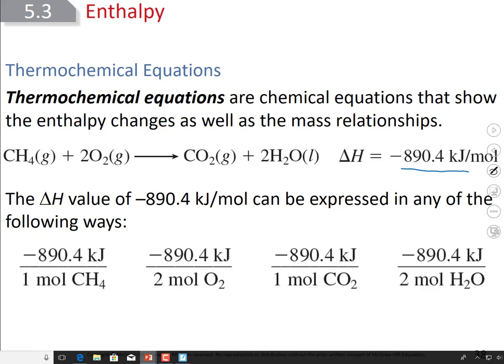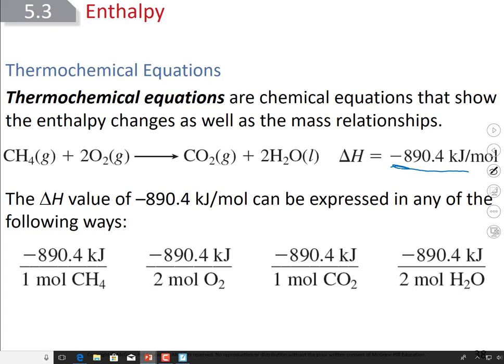Now, if we think about enthalpy in terms of heat, at constant pressure, it being negative, does that mean that heat is being released by the system or absorbed by the system? Released. So if this system is releasing heat, what happens to the surroundings? Do they go up in temperature or down in temperature? Up. Does this make sense? Fire hot, release heat? This should make sense when we think about it. This is releasing heat, so it's negative enthalpy.